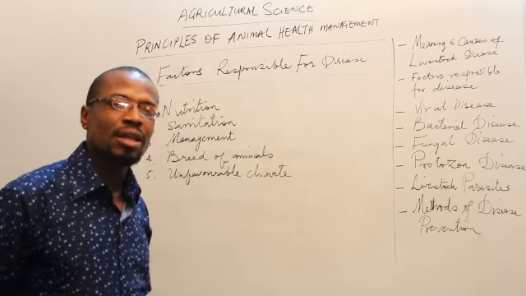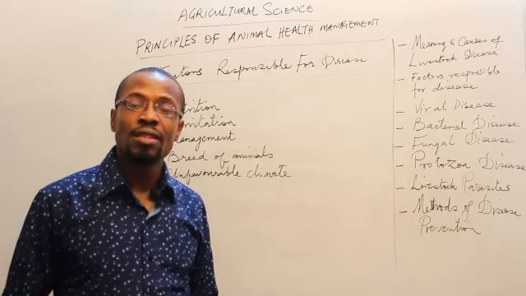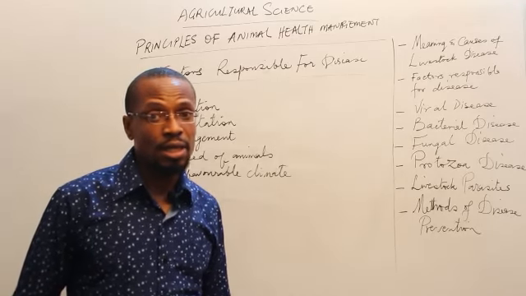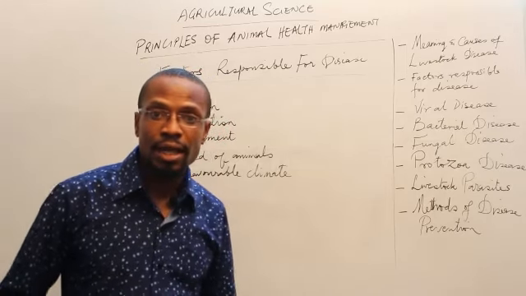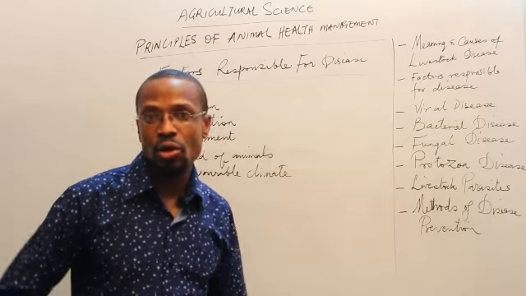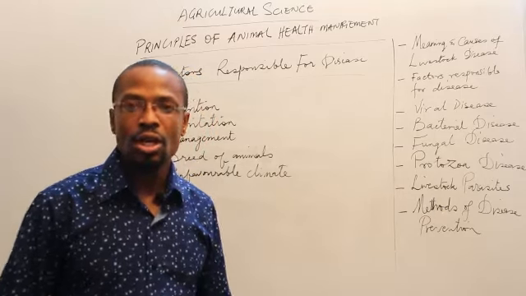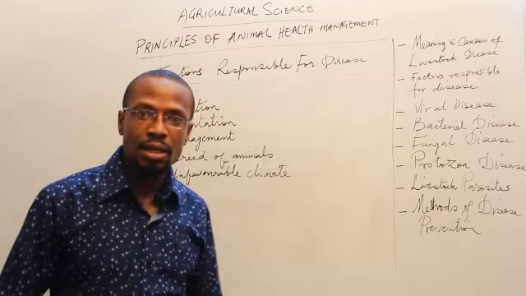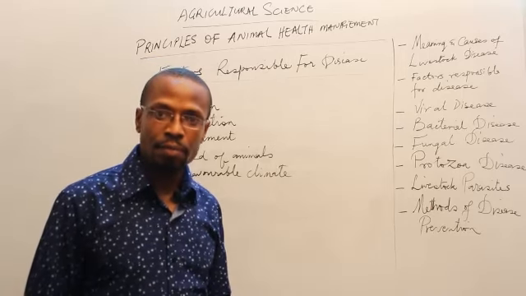Some breeds of animals are rather, let's say, weak. That is why a lot of the times we talk about crossbreeding. That is getting a stronger breed or a more potent breed and crossing it with weaker breeds so that the offspring can be better, stronger, and more resistant to diseases and pests.